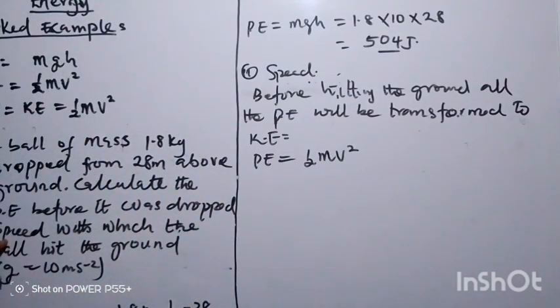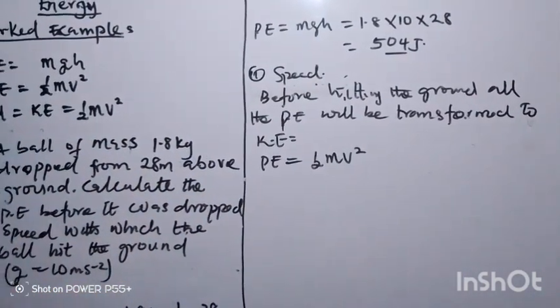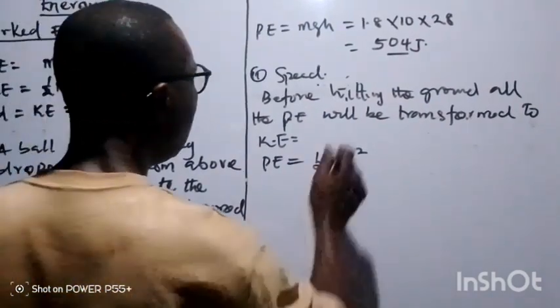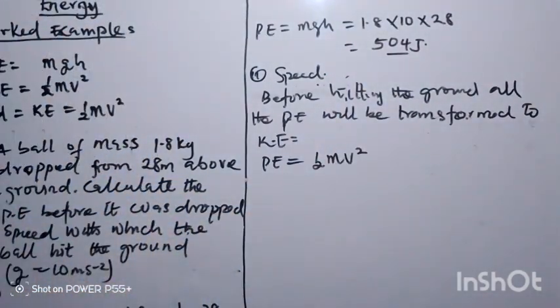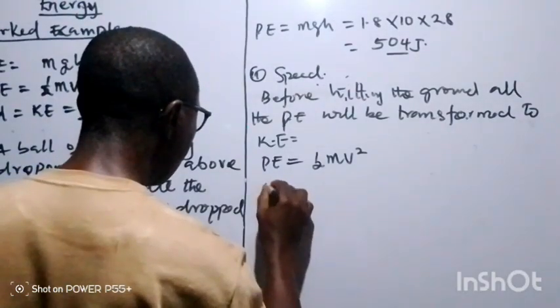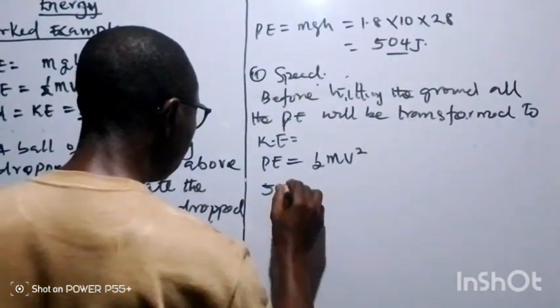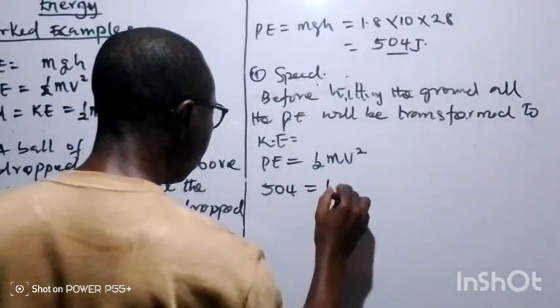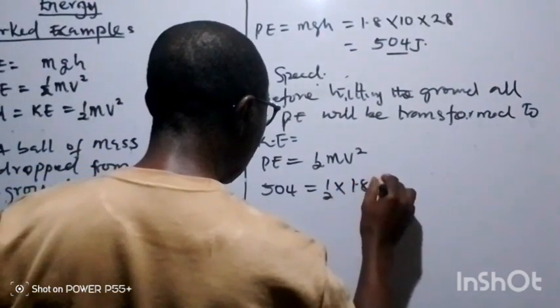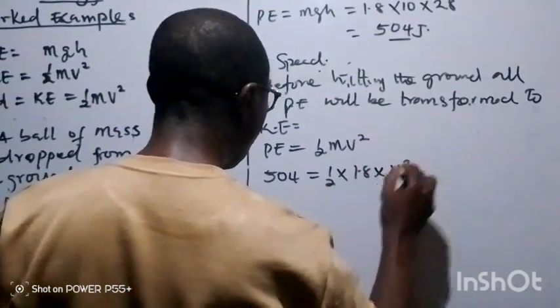Mind you, the question says to calculate the speed. So from this one now, and luckily P is already known, that is 504. That will be 504 is equal to half, the mass is the same, 1.8, multiplied by v squared.